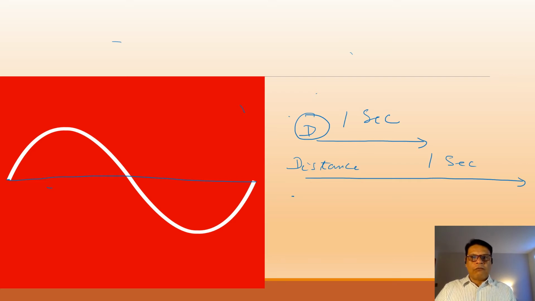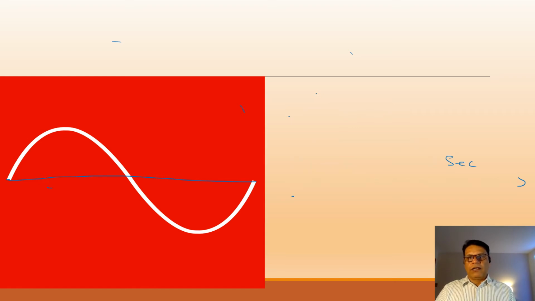In order to understand and memorize these acoustic parameters, you need to understand this cycle. We also know that the amplitude is the distance from the highest point of the crest from the zero line.